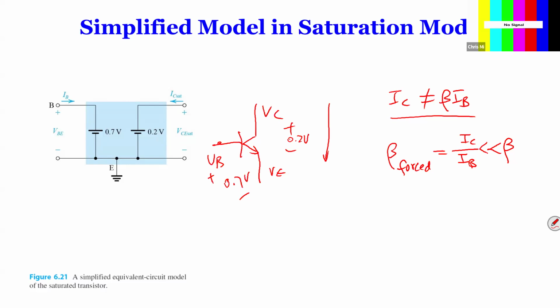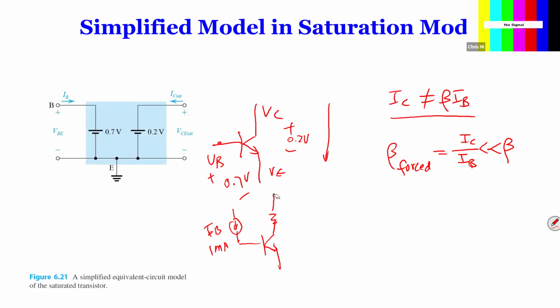Let's say we have a BJT. Let's say we're going to inject IB to be 1 milliamp.